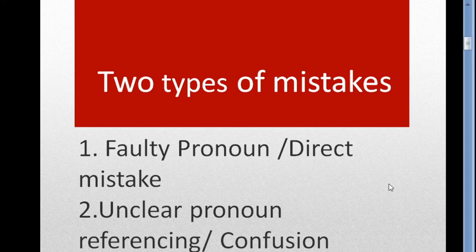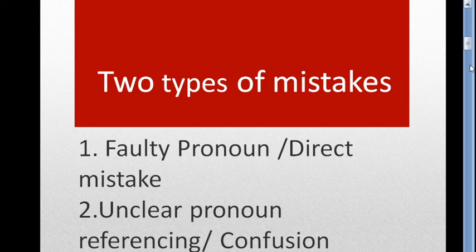At first, I want to tell you that in this item, you have to find the mistakes where the pronouns are used in a wrong way. But what are the mistakes? How are they wrong? Because we use pronouns sometimes in a wrong way, and there are 2 types of mistakes.